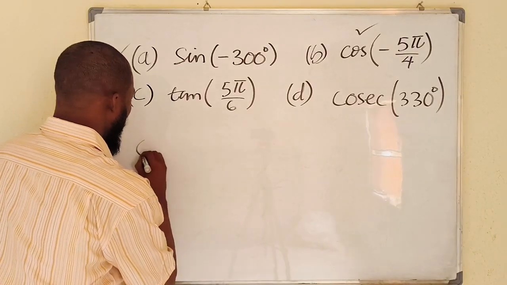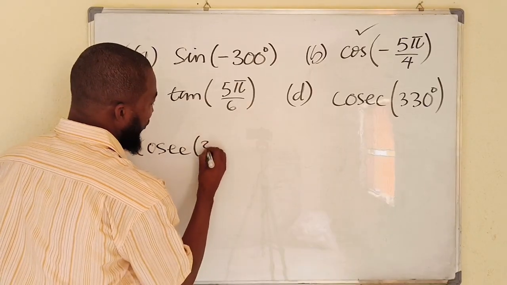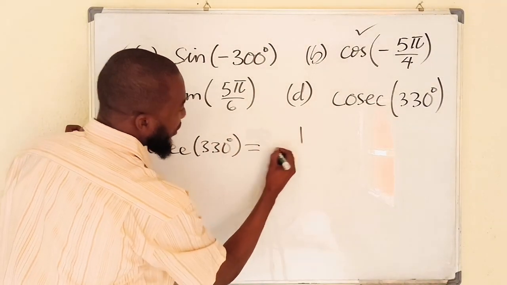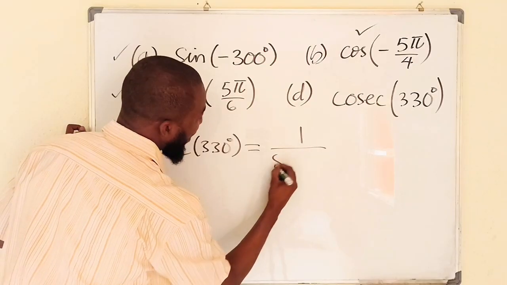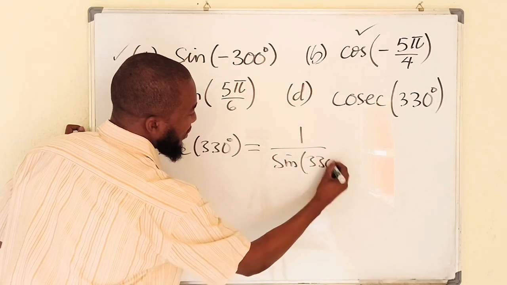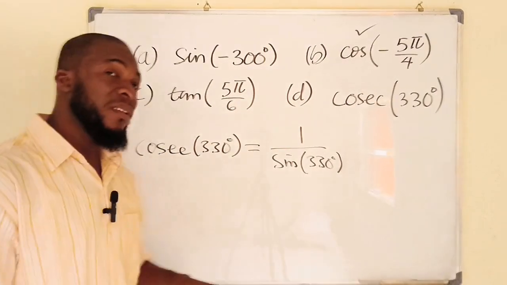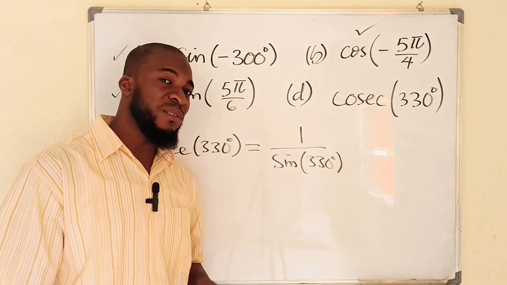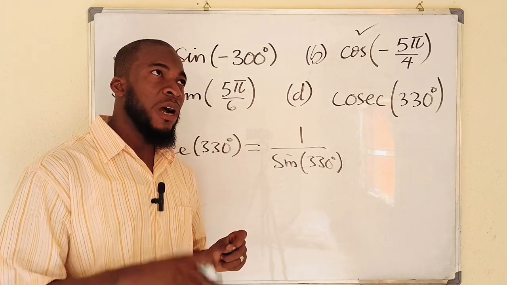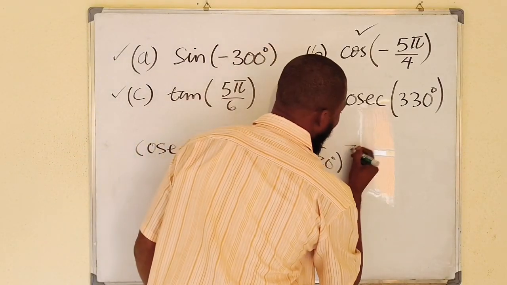So therefore, cosecant of 330 degrees is equal to 1 divided by sine of 330 degrees. Remember, 330 degrees is in the fourth quadrant, which is 30 degrees less than 360. And sine in the fourth quadrant is negative. So I will do that directly.